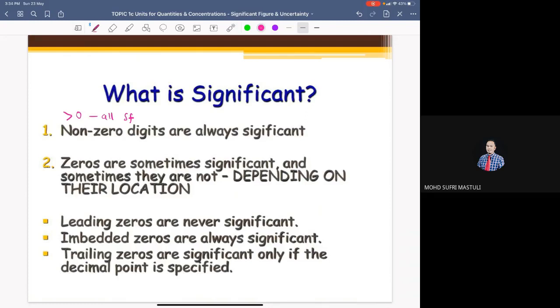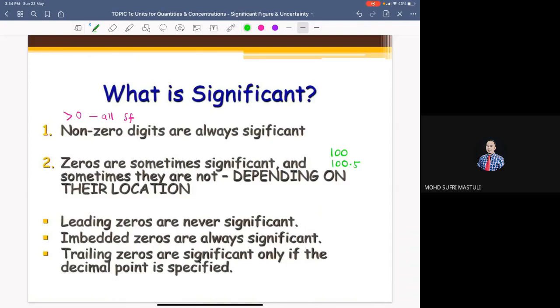Zeros are sometimes significant and sometimes not significant. It depends on the location in the number. For example, if we have 100 or we have 100.5, the zeros can be significant or not significant. It depends on the location.